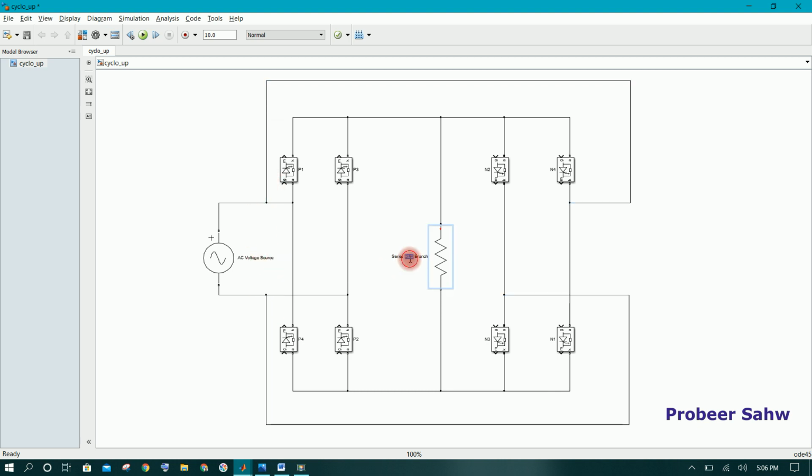We name this series RLC branch to load. So we have connected all the elements, AC source, load, and 8 thyristors.